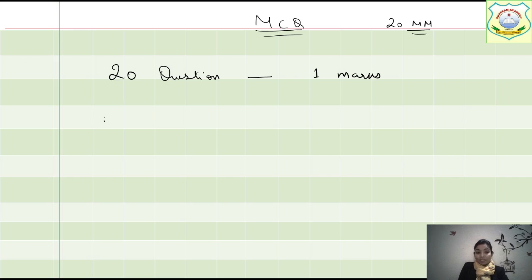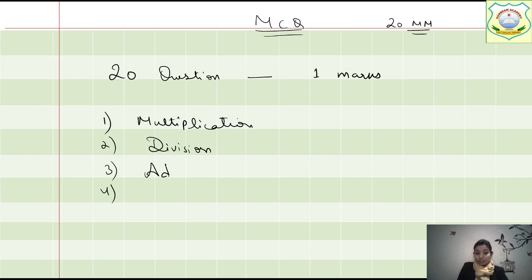So the topics are, first is your multiplication. Next is your division. As you have got this syllabus, you can see that multiplication है, division है, third and fourth, that is addition. You will be getting addition of 4 digit, then subtraction.